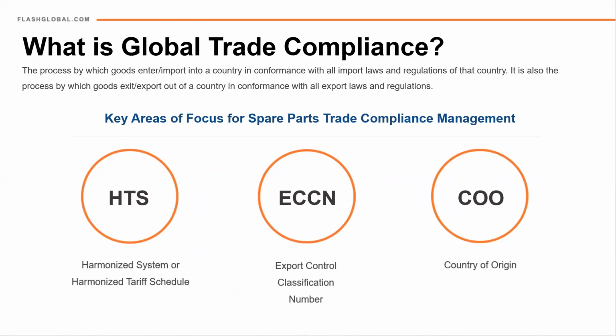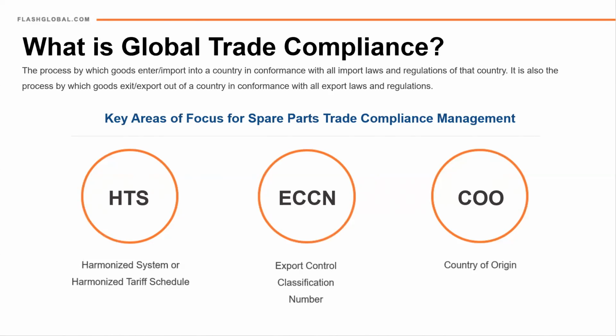A couple of the important items that you see here: HTS, ECCN, and country of origin are three mandatory fields that we ask customers to provide. Frank will go into what they are and the reason why we have them, but it allows Flash to create your commercial invoices.